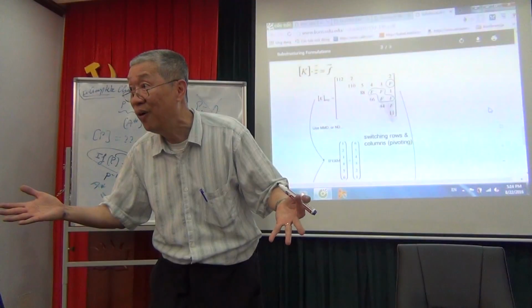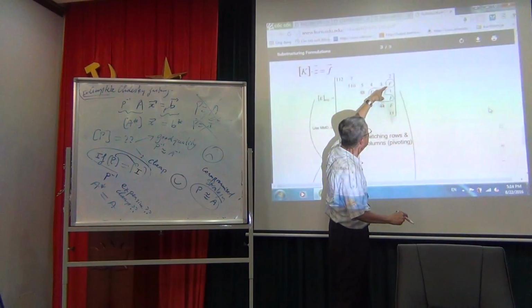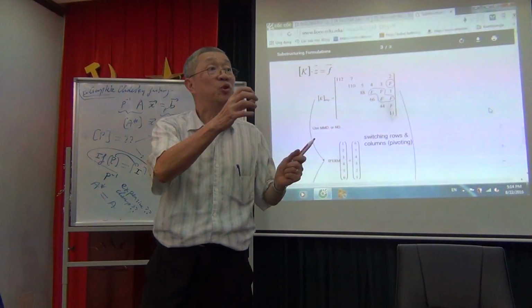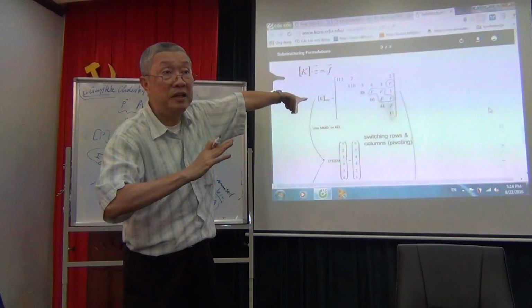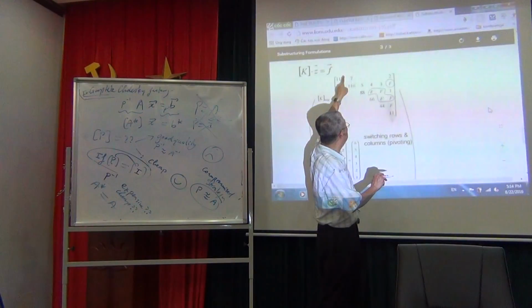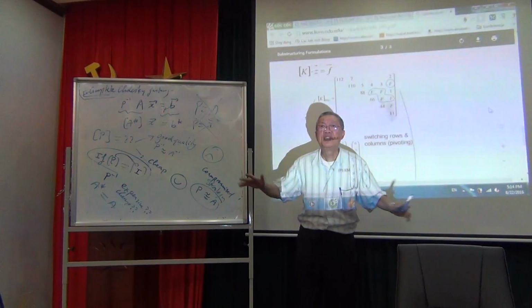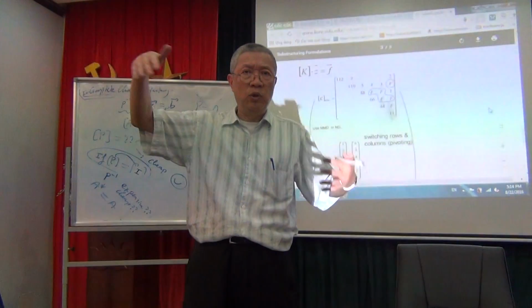You agree? But how many fill-in terms can you control? Because if you apply matrix reordering, Professor V. Kumar, then you can make the number of fill-in terms less. That means the number of non-zeros that you have from the beginning, you have no control. It's just like when you were born. If you are tall, you are tall. If you are short, you are short.